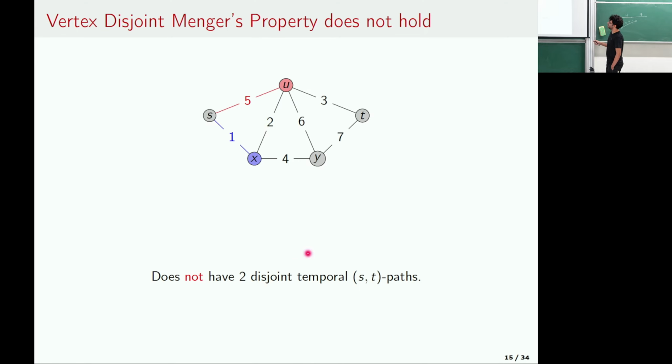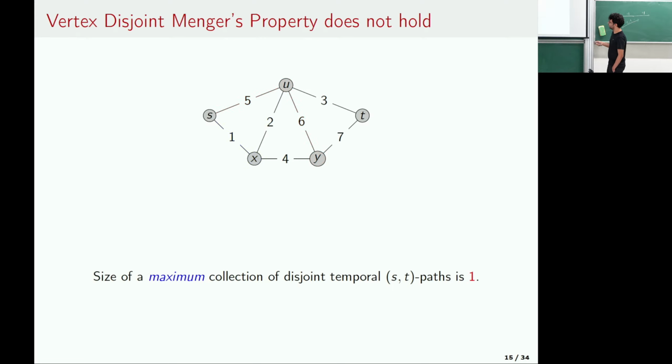So I take this one to be the red, this one to be the blue. But then, since I use this vertex at time 5, the only option that I have for my red path is to go here at time 6. So you can see that I block the blue path. So I cannot find both without sharing a vertex. Okay. This means that the size of a maximum collection of disjoint temporal ST paths is 1.